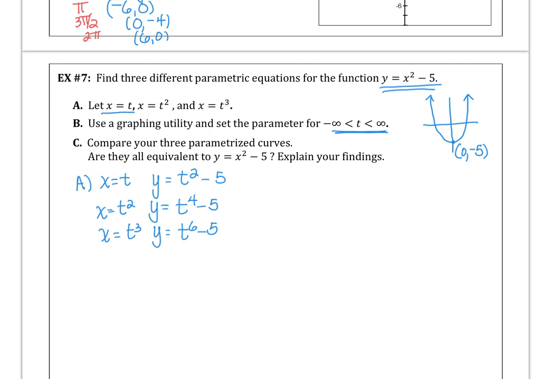And then if we compared the 3 parametric curves for part C, are they all equivalent to x squared minus 5? Yeah, but when you look at the 3 curves, this second one, when x equals t squared and y is t to the 4th minus 5, is not equivalent.